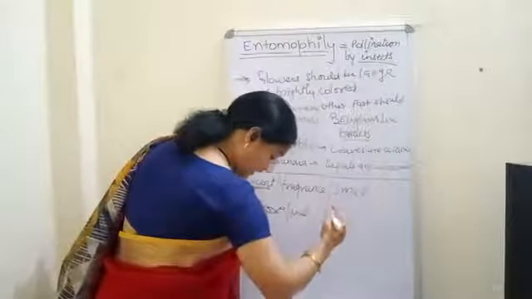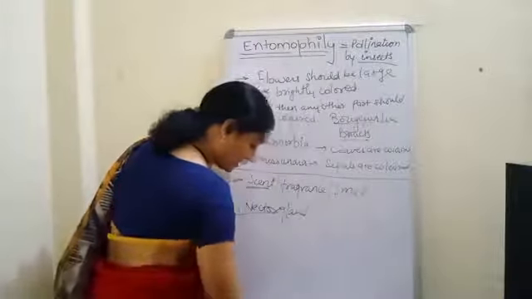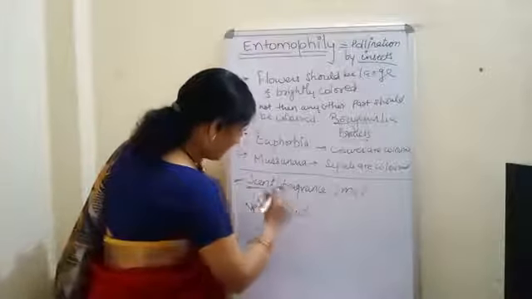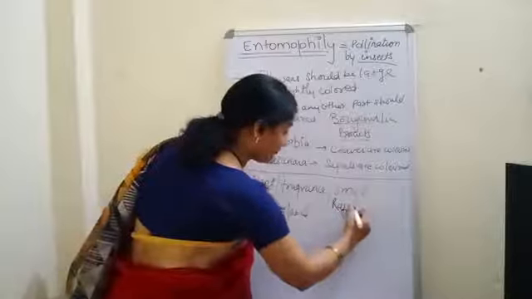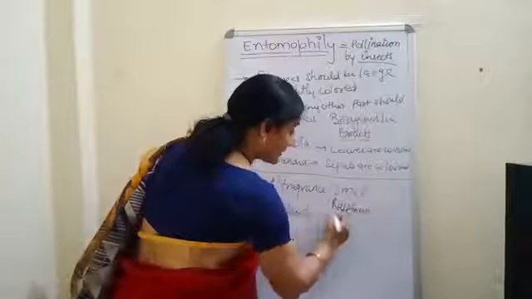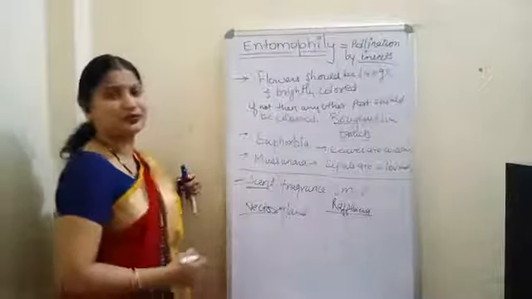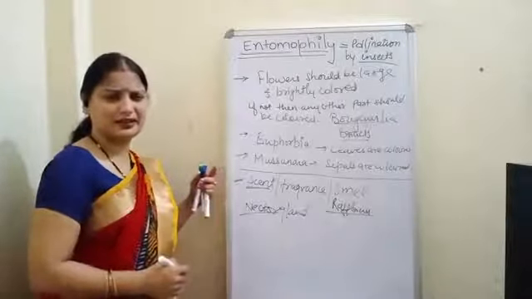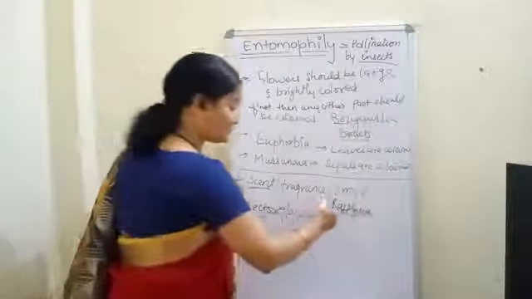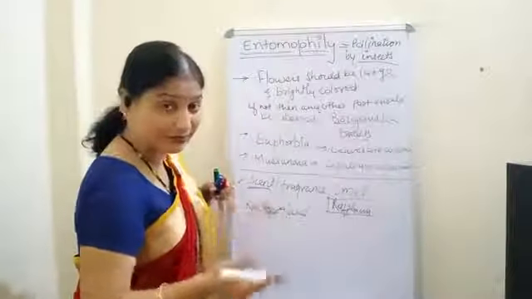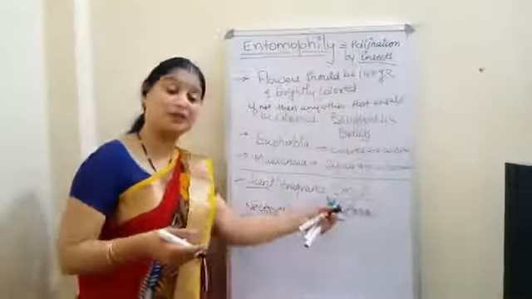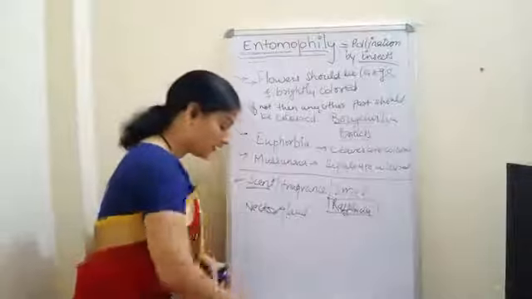Now see, in case of scent, there is one more flower called Rafflesia. It produces a very bad smell. Because of this bad smell, it is attracted by some insects, and then pollination occurs.